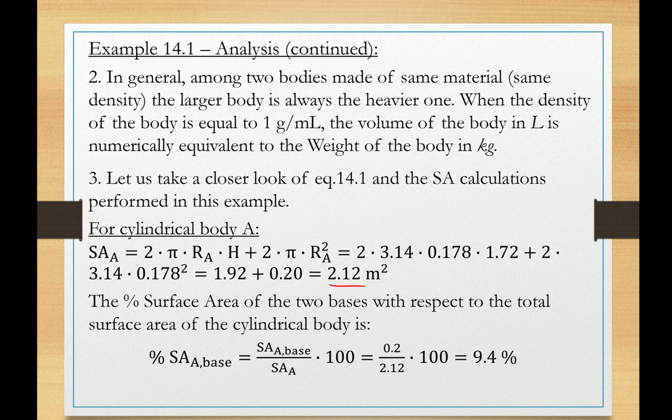Now, on this slide, what I'm attempting to do is to estimate the percent contribution of the surface area of the two bases. In the case of the A cylinder, the contribution of the two bases to the surface area is only 9.4%.